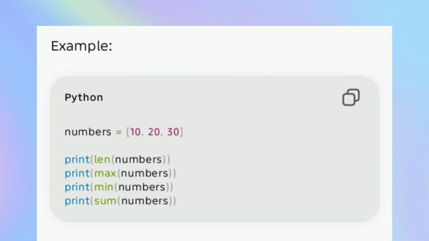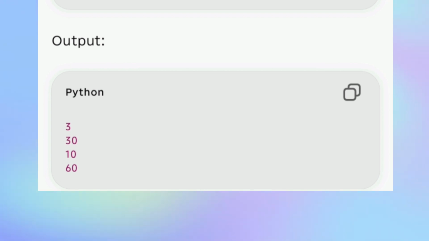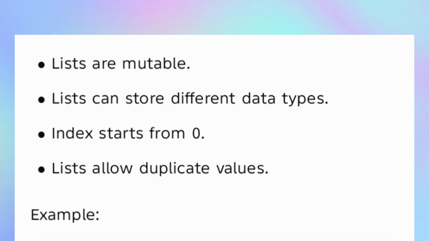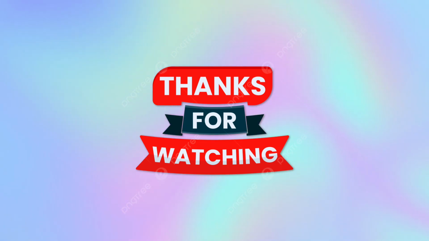Print numbers, len of numbers, max of numbers, min of numbers, sum of numbers. Output: 3 30 10 60. 3 is the length of the list, max of numbers is 30, min of numbers is 10.